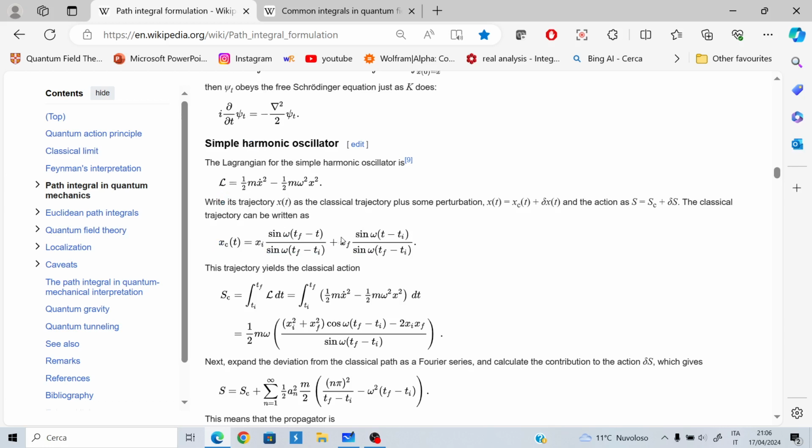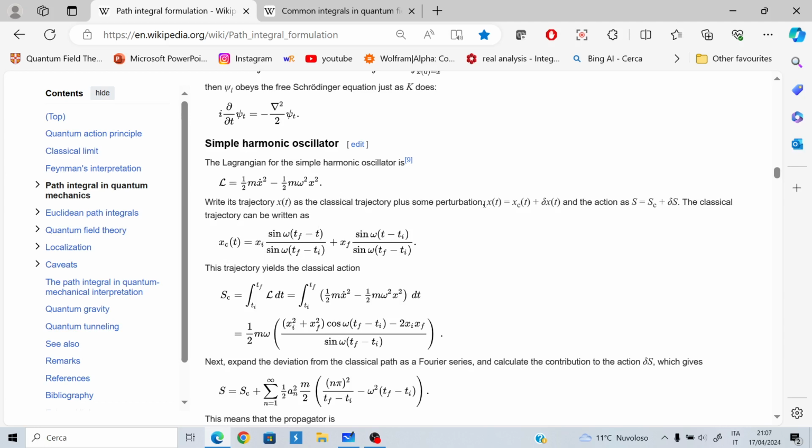In principle, this could also be written as just one sinusoid, but in this case, if we set, for example, t equal to ti, this expression will give you xc of ti equal to xi. This subscript c stands for the classical trajectory. xc of t is the classical trajectory.